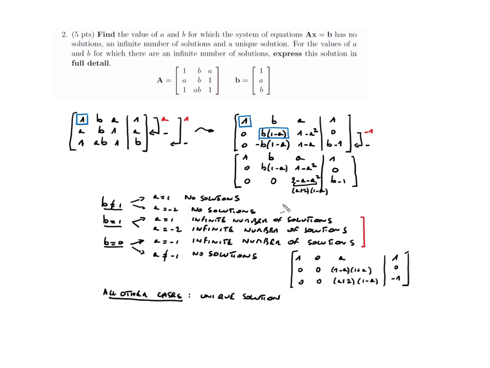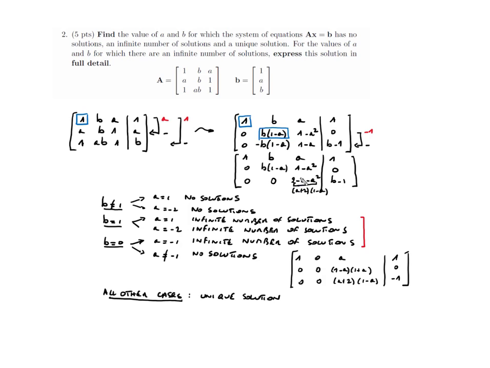So now we'll start the discussion, and we'll start with b different from 1, right? You can see that if you have b different from 1, this will be non-zero, and you have this one 0, well, then you have a problem and there are no solutions.